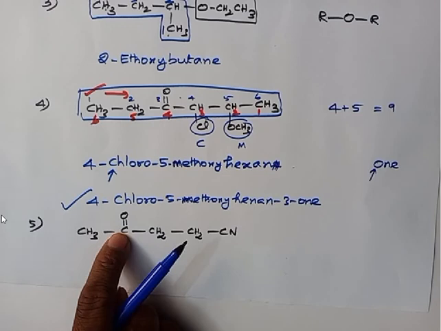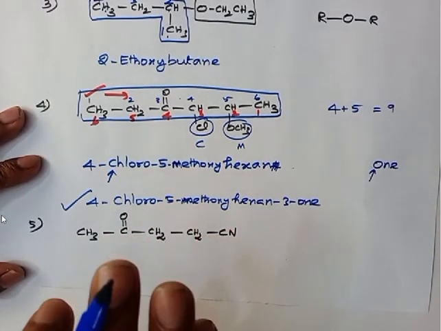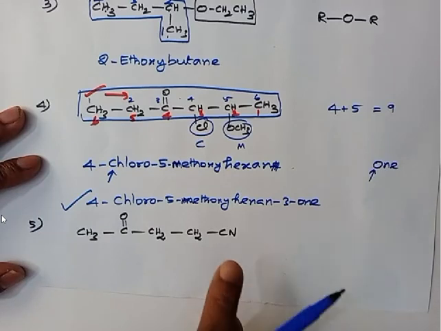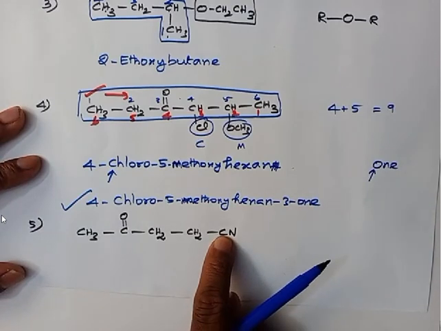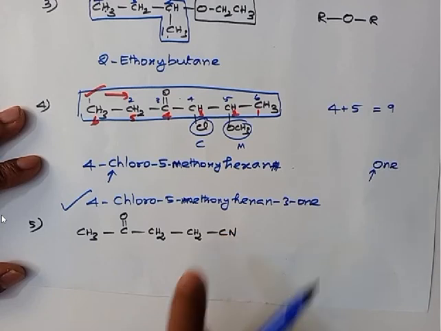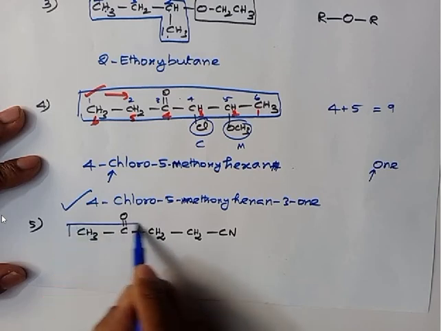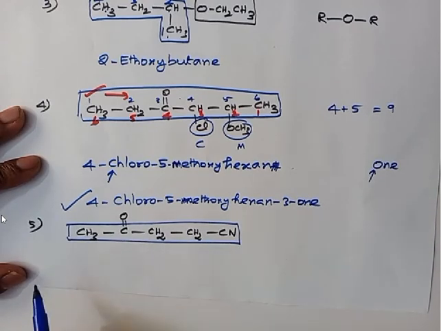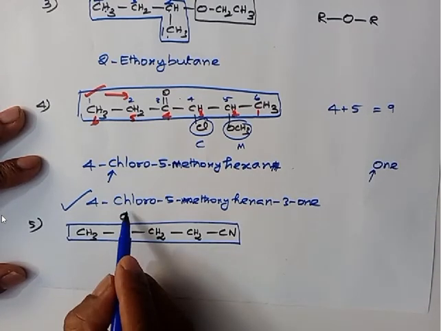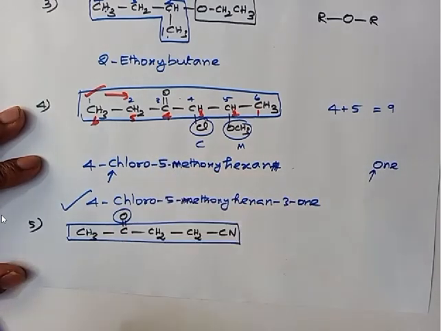Now, what we have to do in this case, listen. First, you should fix the longest carbon chain. Since the functional group contains carbon, the longest carbon chain should contain that carbon also. This carbon should also be included. So the longest carbon chain is this. This oxygen becomes a substituent now.